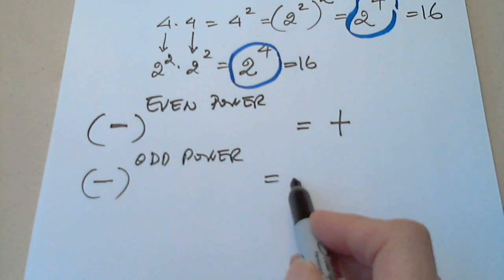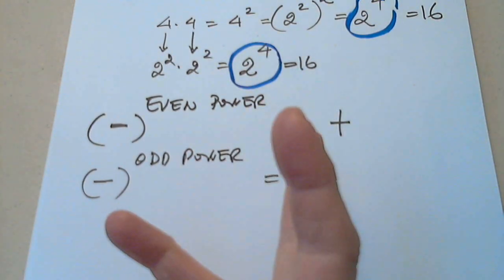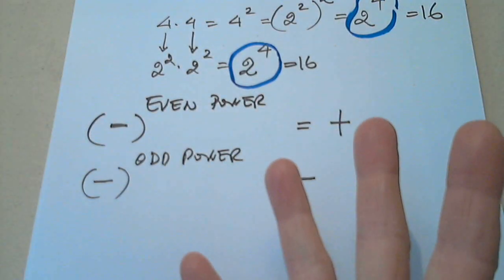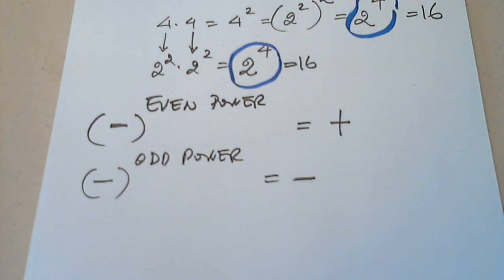Negative. Always negative. 3 negatives give me negative, 5 negatives give me negative, and so on and so forth. Perfect. Good. What about negative 1 to the 23rd power? What will that be? -1. Perfect. Negative 1. Good.